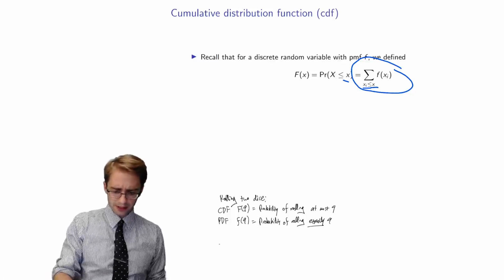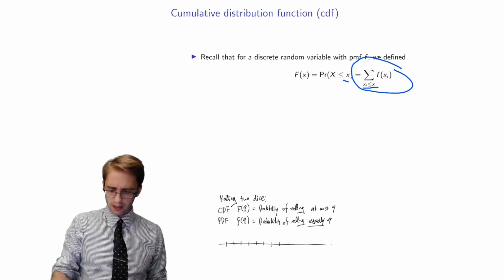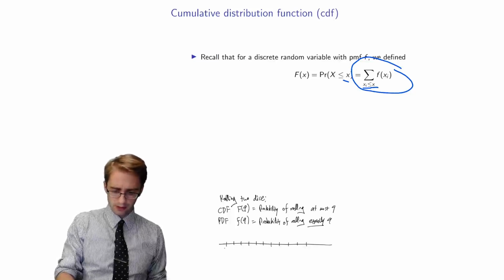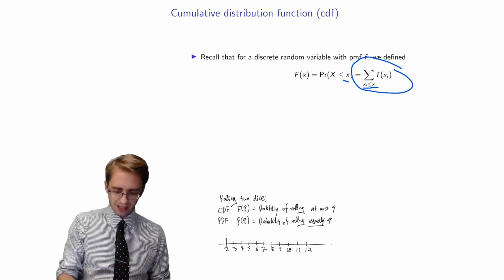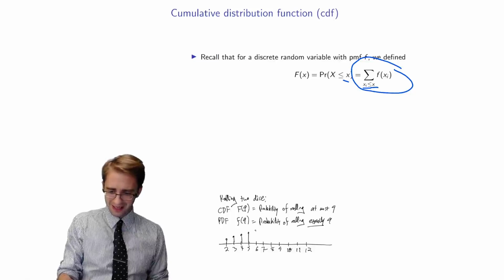For dice, it's 2, 3, 4, 5, 6, 7, 8, 9, 10, 11, 12, like that. And you would do that stem plot there, which I'll draw really quickly.